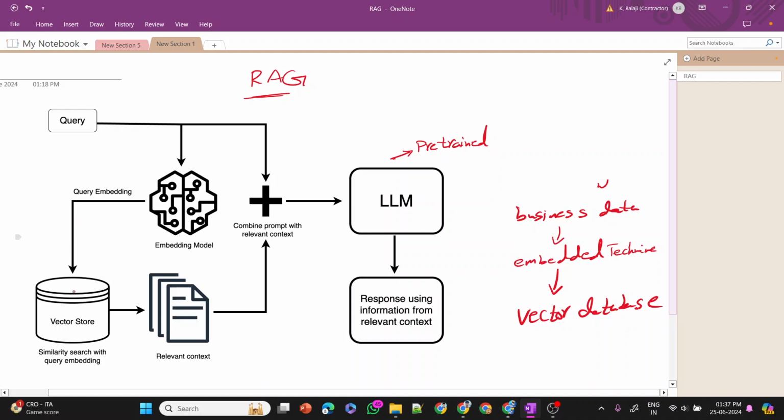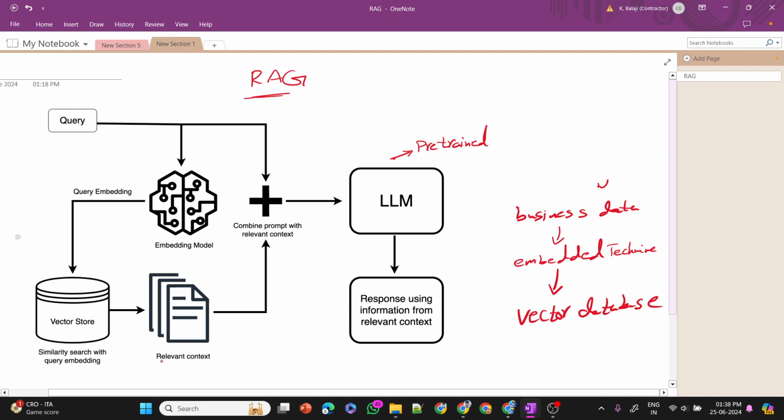It compares the query vector with the vectors inside the vector database, a similarity search is done, and similar vectors from the vector storage are retrieved.